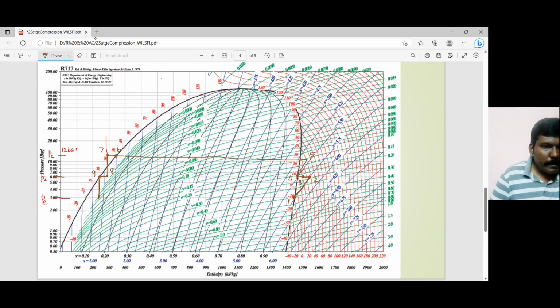So that is my point number 10. From here, draw a horizontal till you reach the saturated vapor line. Okay. And don't forget to join 8-4 also.